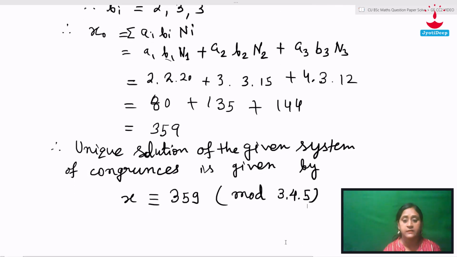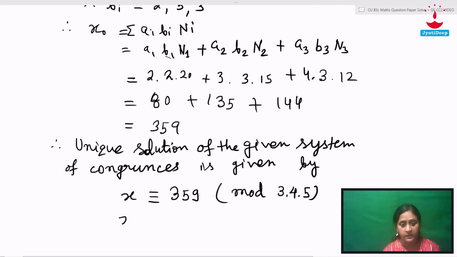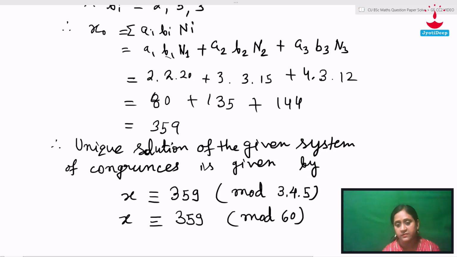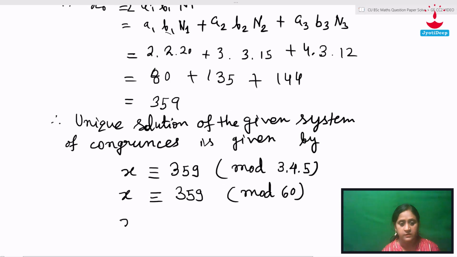That is, x is congruent to 359 under mod 3 4s are 12, 12 5s are 60. So this will become x is congruent to, 6 6s are 36, that is 360. So x is congruent to minus 1 under mod 60.